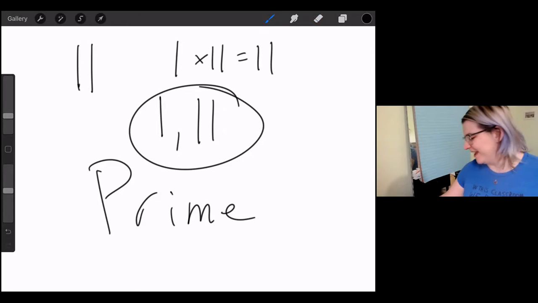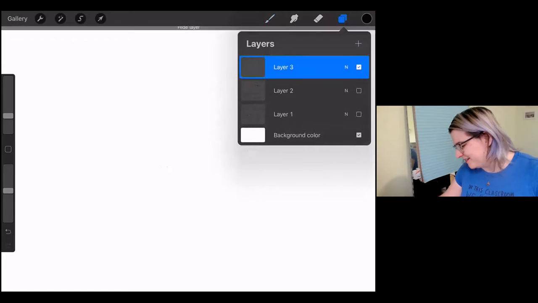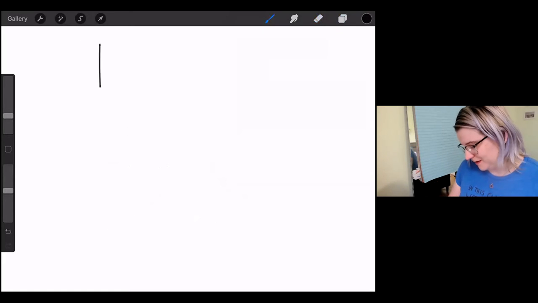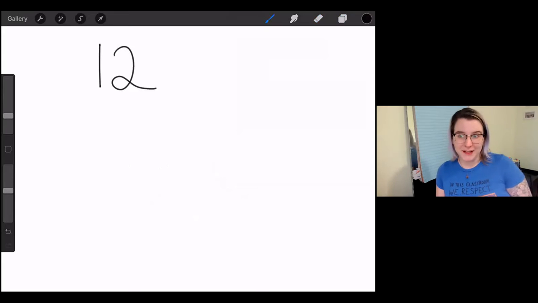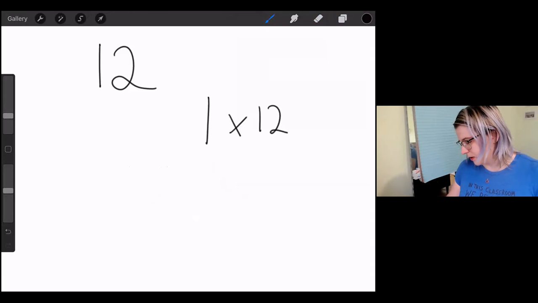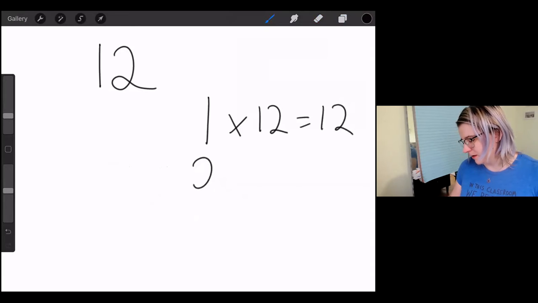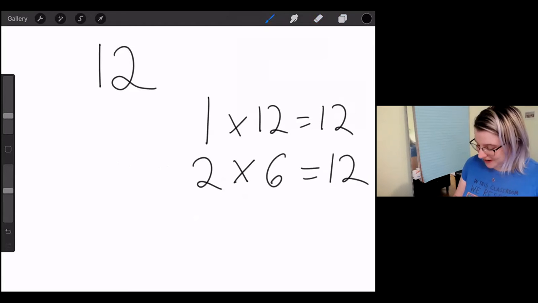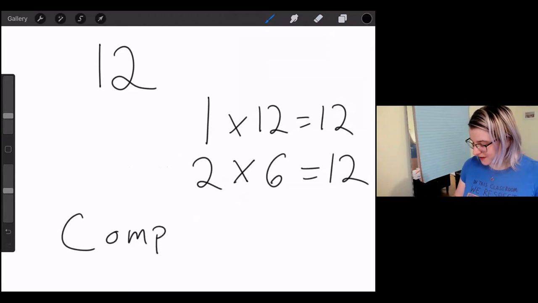Very good. Shall we look at one more just to get enough practice in? What about 12? Prime or composite? Well, of course, I know that 1 times 12 equals 12. What about 2? Yeah, right there, you can stop. I know right there it is a composite number.